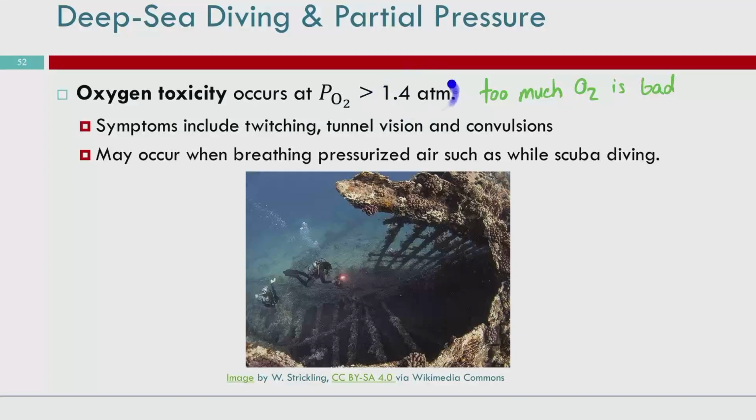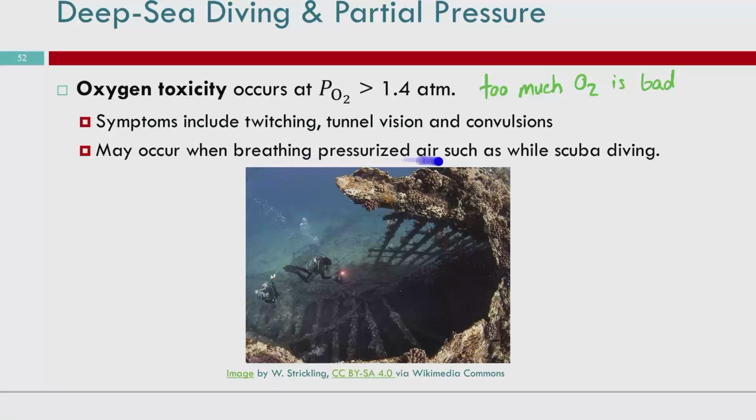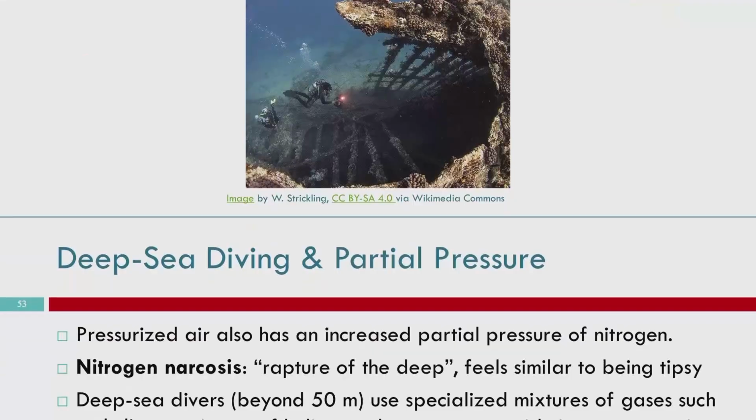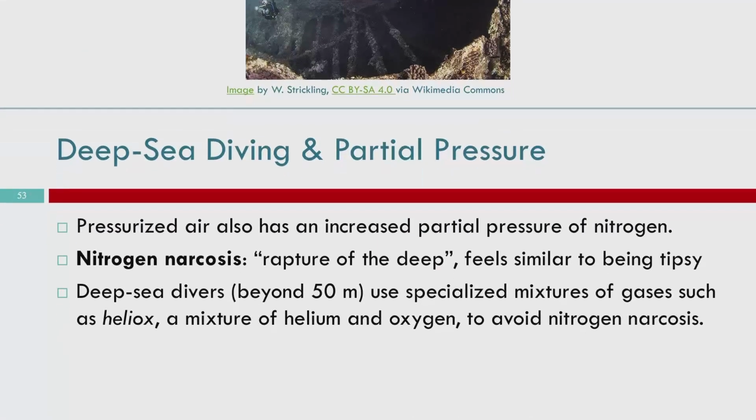But it has to be a lot. It has to be more than about 1.4 atmospheres. So if you're at elevated pressure of oxygen, then you might start twitching, get tunnel vision, and have convulsions. This could occur if you're breathing pressurized air and your mixture isn't correct. I've never been scuba diving, so I don't know if that's something that happens frequently. I'm guessing it probably doesn't.